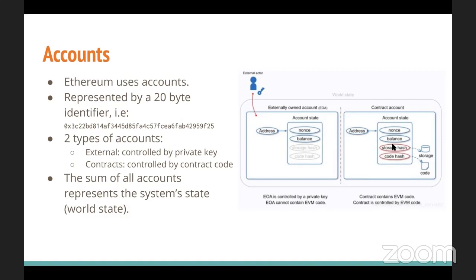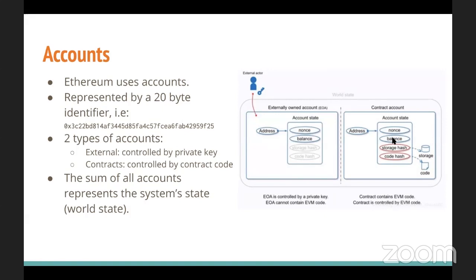If we want to remember how, for example, MANA works, the MANA contract has its code and also has its storage. So in this storage, you will have something that says your address has this MANA balance.